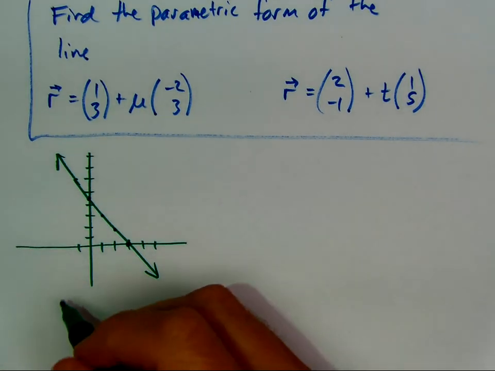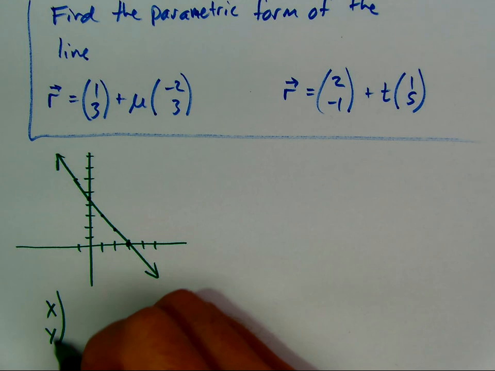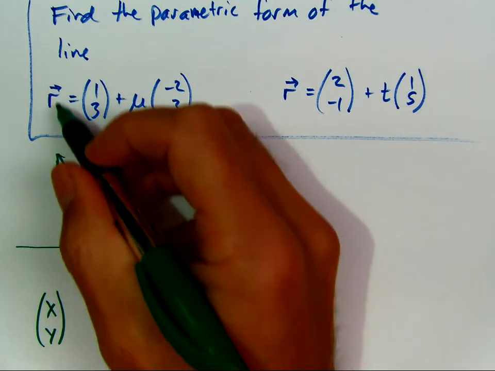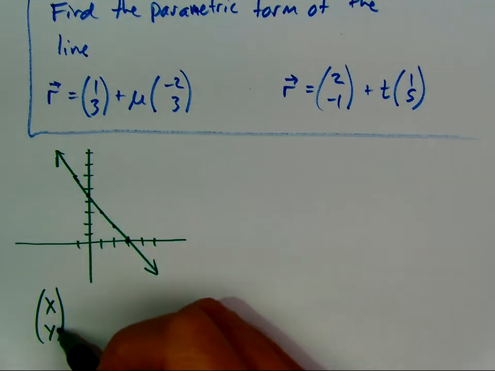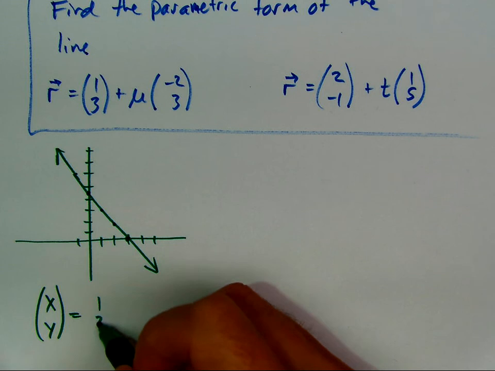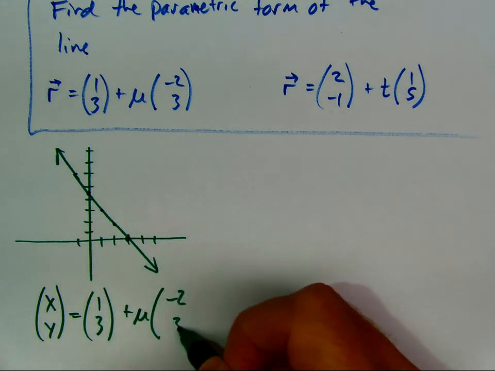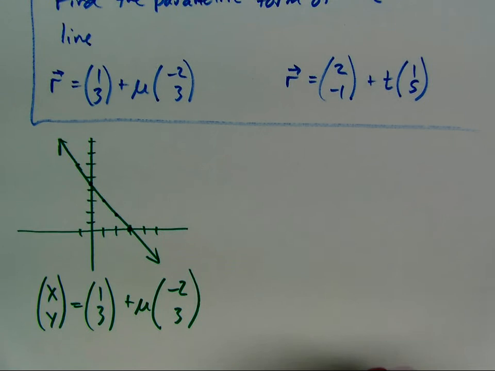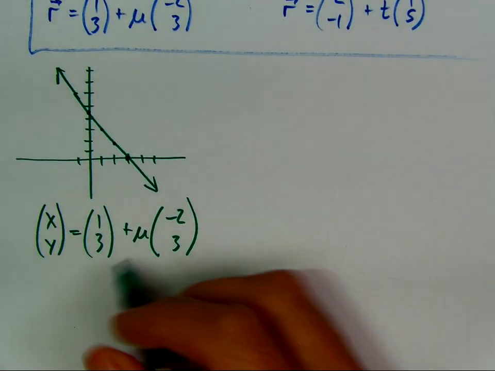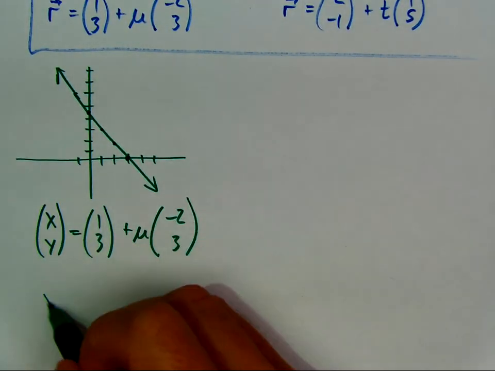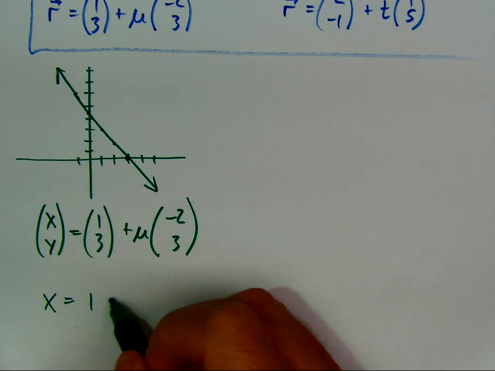So why don't we rewrite it as x, y in place of r. r is a vector, and we'll just write it as x, y. And then we just take the top row, x equals 1 minus 2 mu.